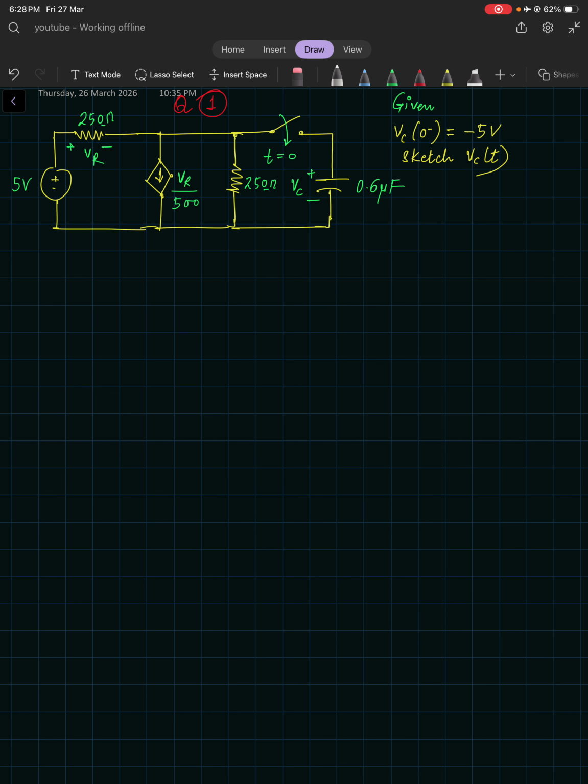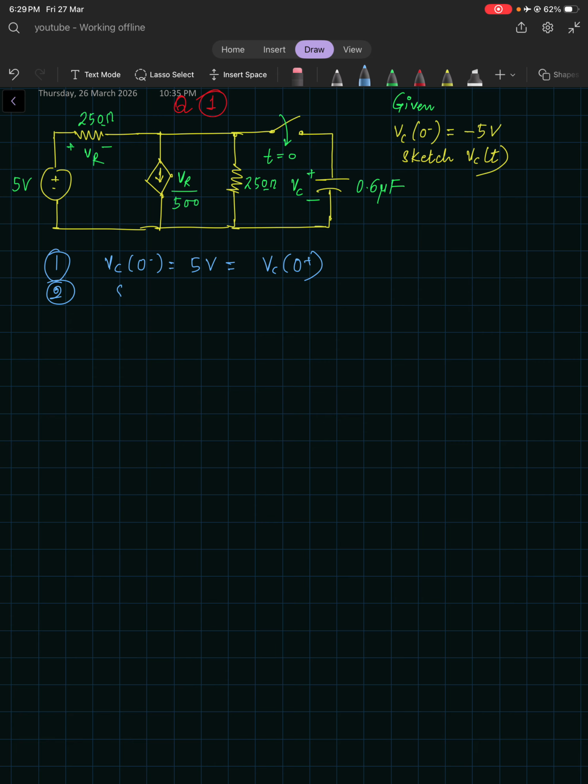Let's start with the first thing. The initial condition is given: VC of 0 minus is 5 volts, and this will be equal to VC of 0 plus, after the switching has been done. Now let's calculate the steady state value of VC.